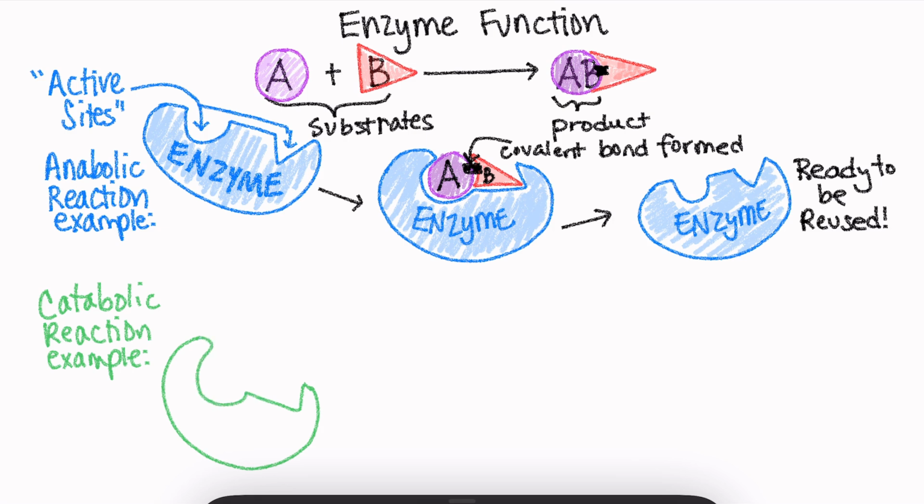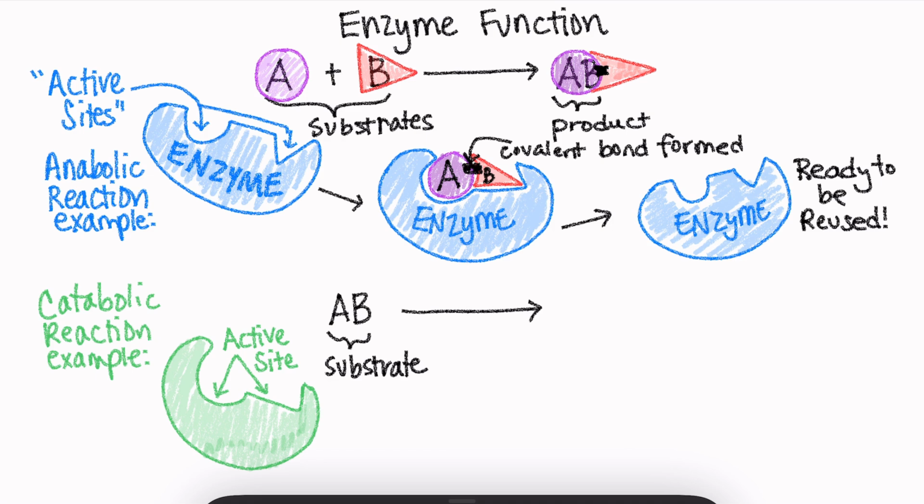So this one is going to be designed so that it can hold onto the bigger molecule and break it down into the smaller molecules. In our catabolic reaction, we're going to start with the substrate, AB, and with the help of the enzyme and the lowering of activation energy, we're going to break that apart. We're going to break the covalent bond.